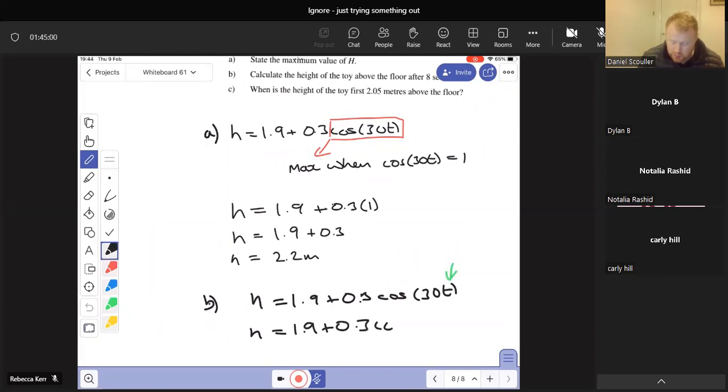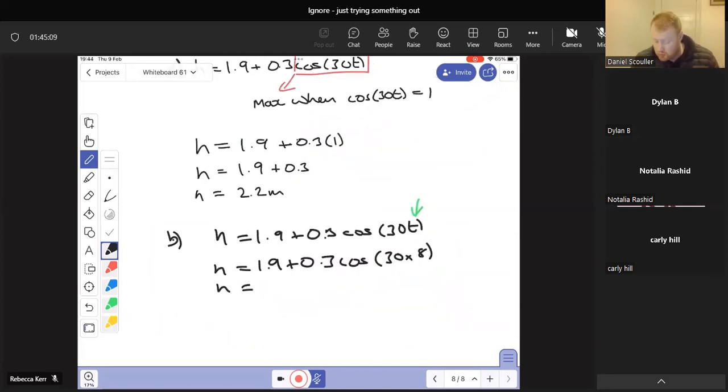And then it's a case of just putting it into a calculator. It's 1.75 meters.